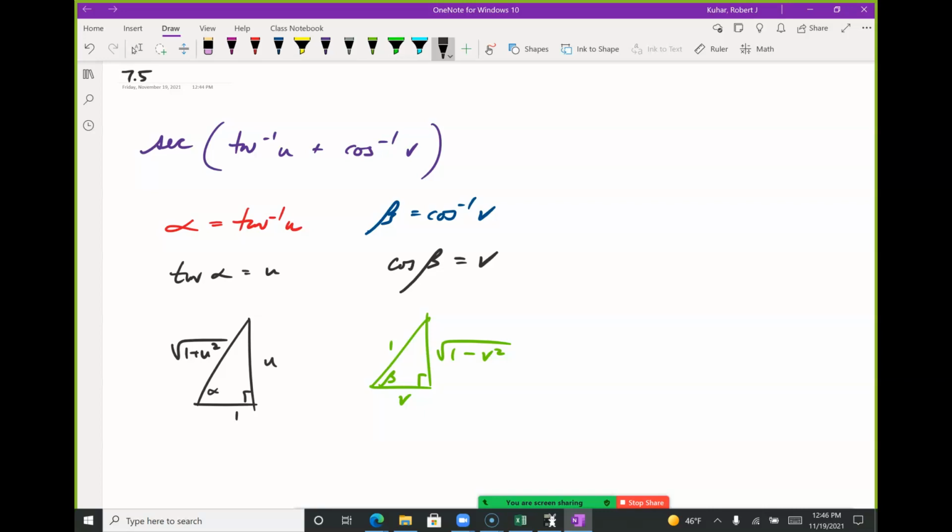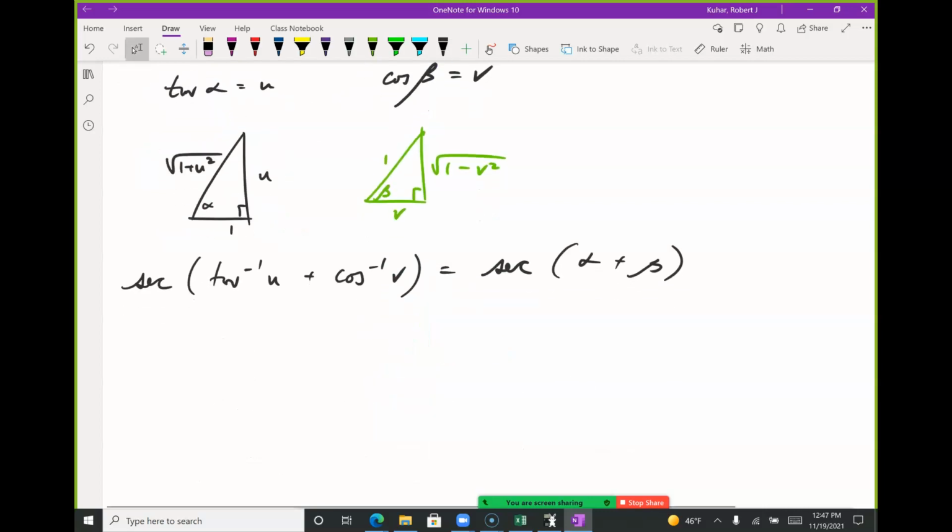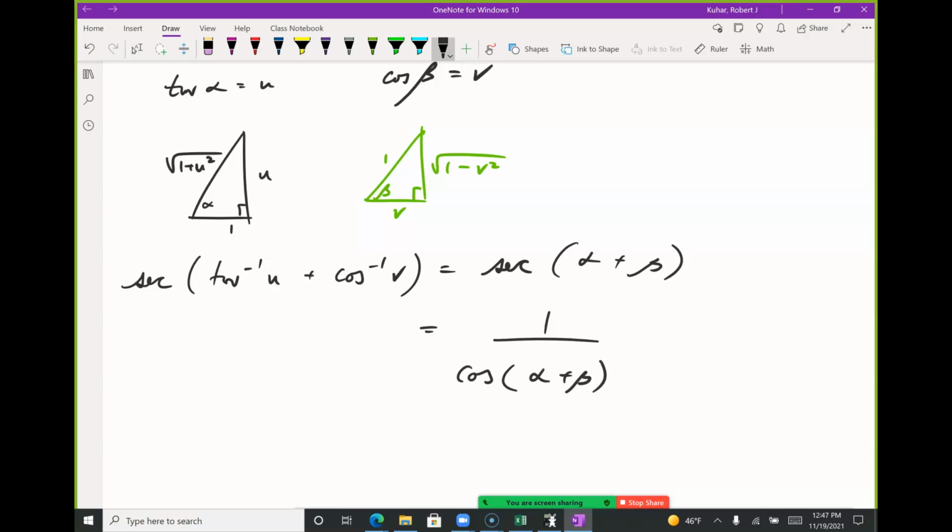Now I have the problem, right? Secant of the arctan of u plus the arc cosine of v is actually secant of alpha plus beta. But I don't think in terms of secants, so I should realize I have 1 over the cosine of alpha plus beta. Secant is the reciprocal of cosine.